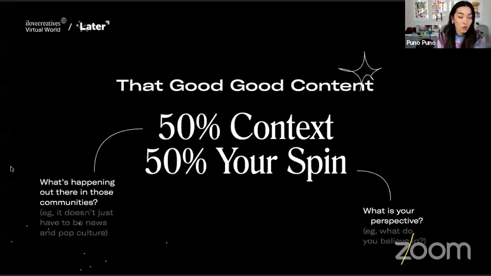So when I'm talking about what is really good content, I always go back to this formula. It's not straight up 50%, but the idea is that really good content hits in two ways: context and your spin. This was reiterated for me when I took a stand-up class last year, because that's all comedians are trying to do.